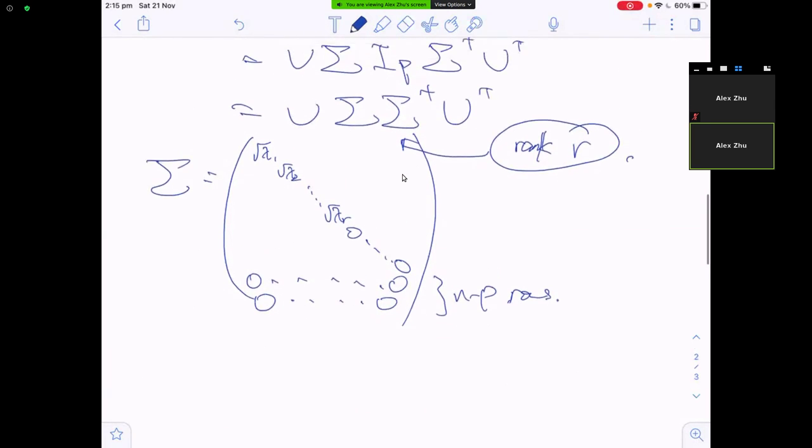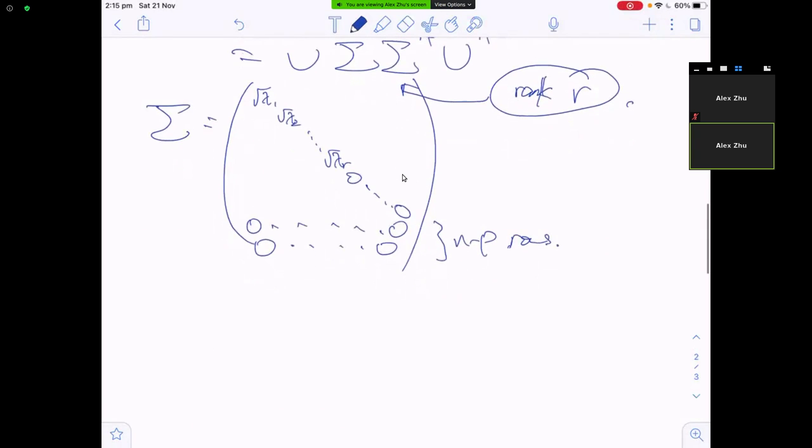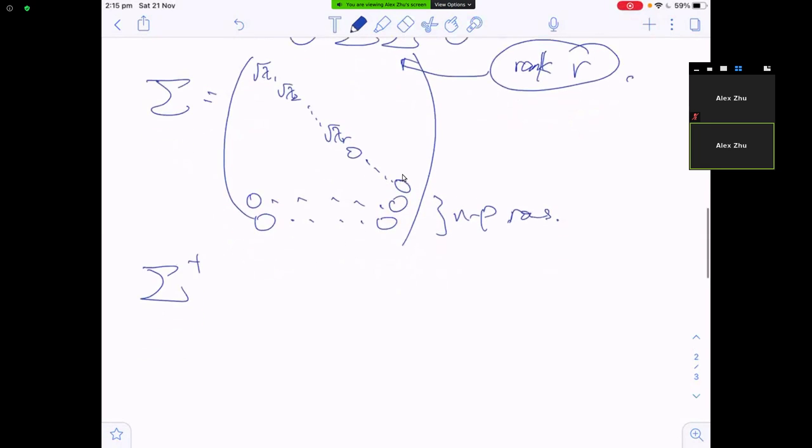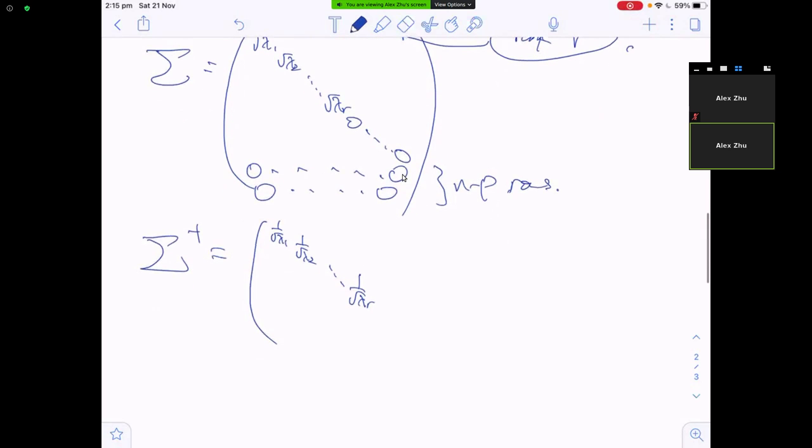It's always nice to look back at first principles, so we know what is going on. The pseudo inverse of a diagonal matrix is just 1 over the diagonal entries. Because the point of a pseudo inverse is to cancel out your diagonals so that you get identity, like an inverse.